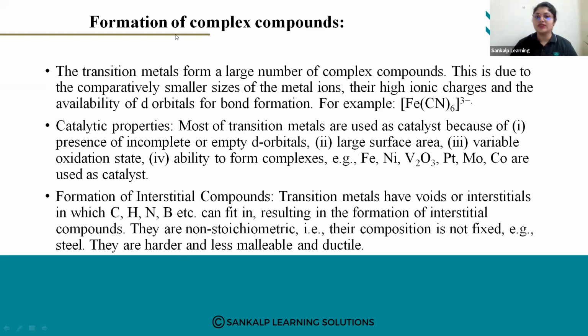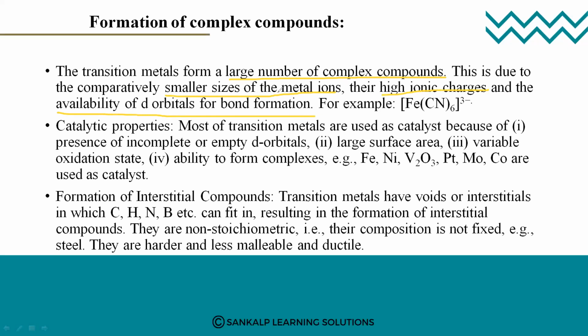So if the question is asked, what is the reason why transition elements form a large number of complex compounds? The points are: smaller size of the metal ions, high ionic charge, and availability of d orbitals for bond formation. So these are 3 points for the formation of a large number of complex compounds.